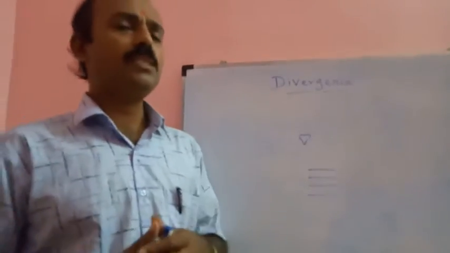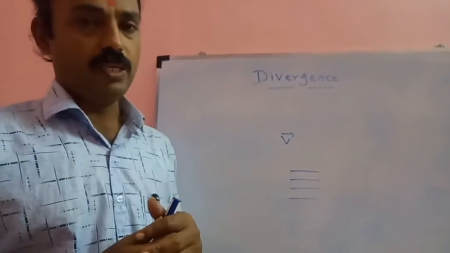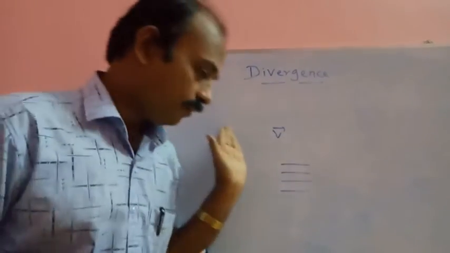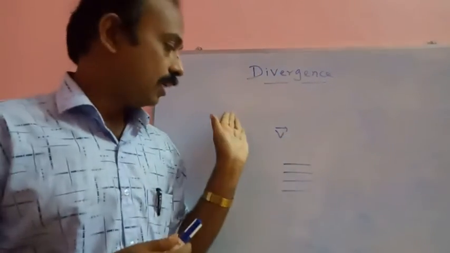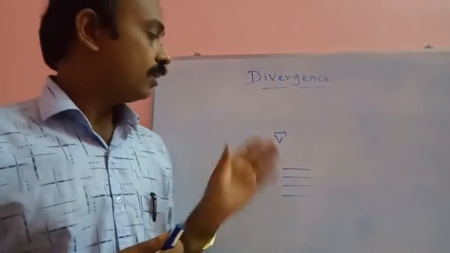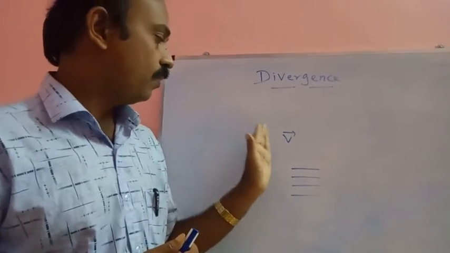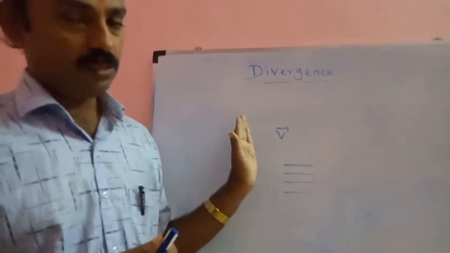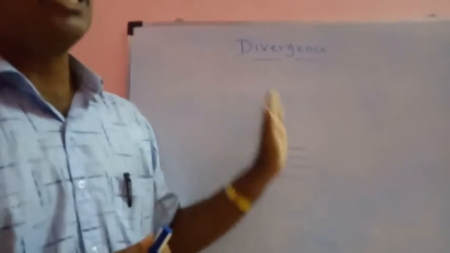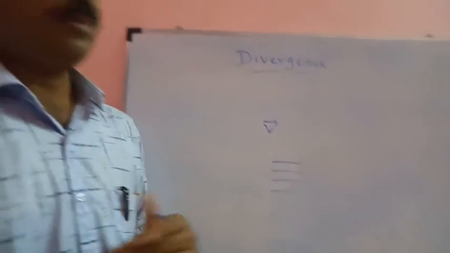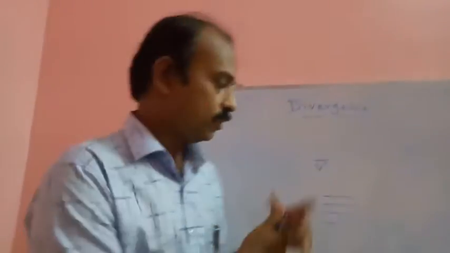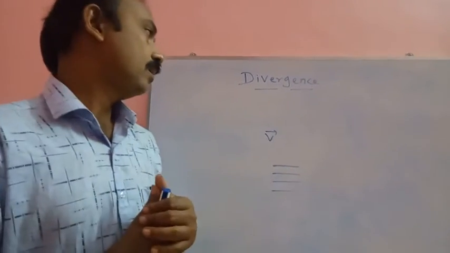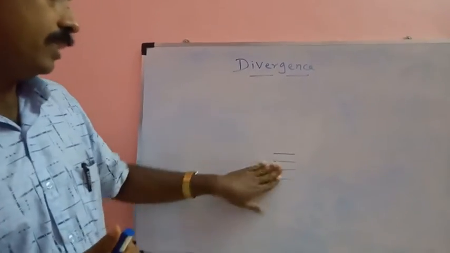So the divergence of fluid velocity v is nothing but the flux of the fluid that comes out per second per unit volume of a given closed surface. Here the closed surface is a pipe, within the pipe volume. That is actually divergence.